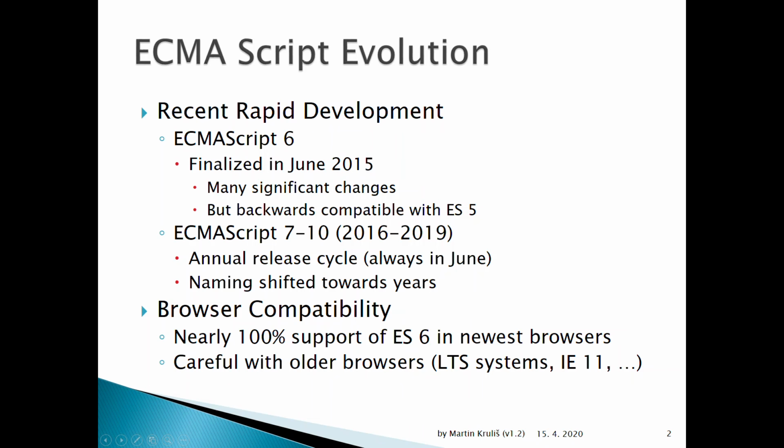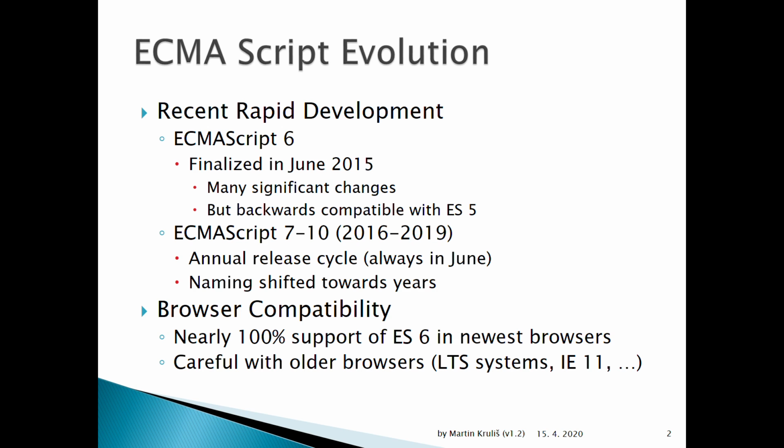The revolution in ECMAScript took place about 5 years ago when ECMAScript 6 was released. Although this seems like a trivial increment in version, there is a huge gap between ECMAScript 5 and ECMAScript 6. Since 2015, a new version of ECMAScript has been released every year, always in June.